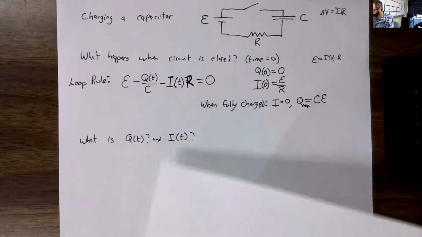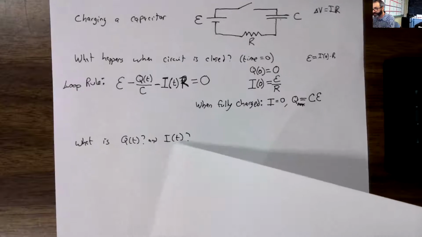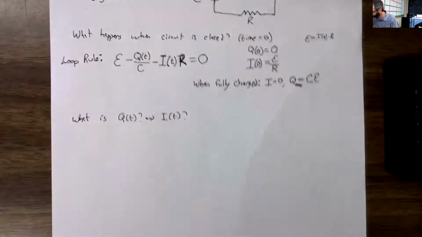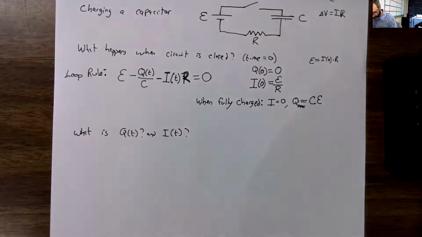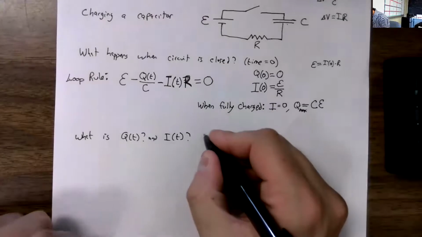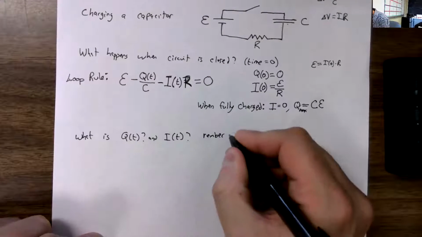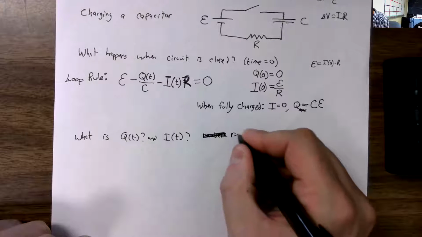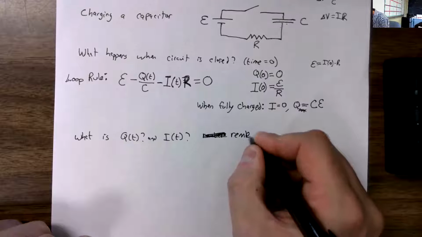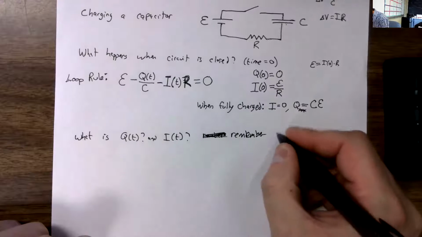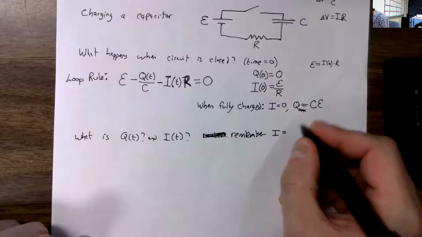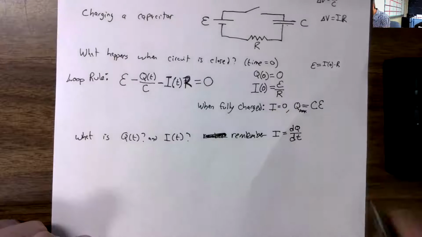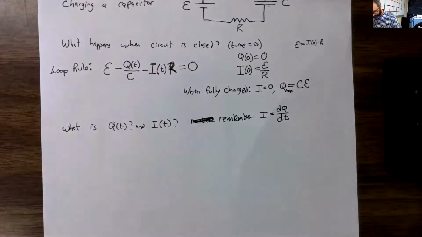All right, so let's see how it gets there. We're going to get a formula for Q of t, and then also for I of t. But I is just the rate of change of Q, so it's the derivative of Q. Remember that current is just the derivative of the charge.